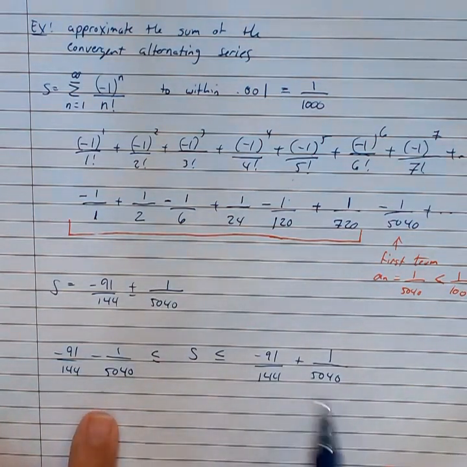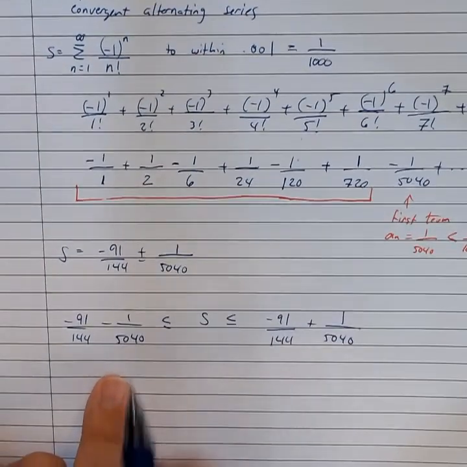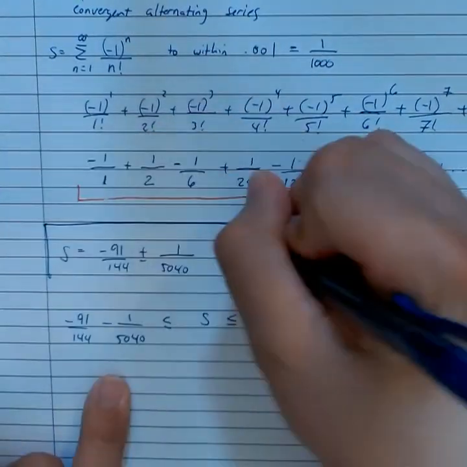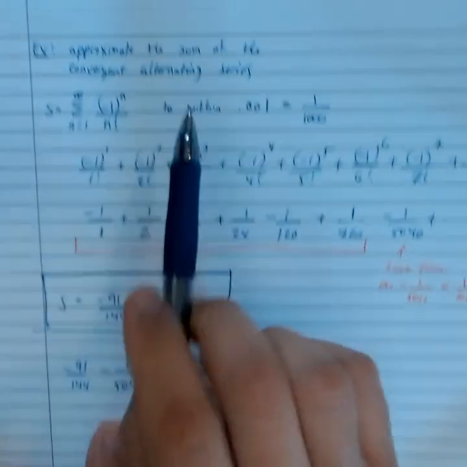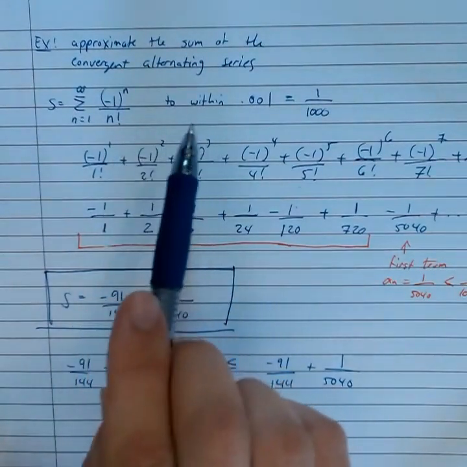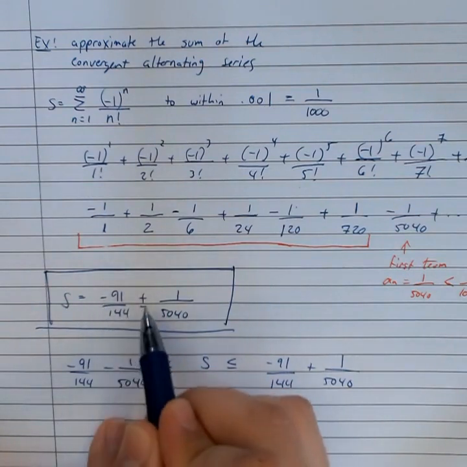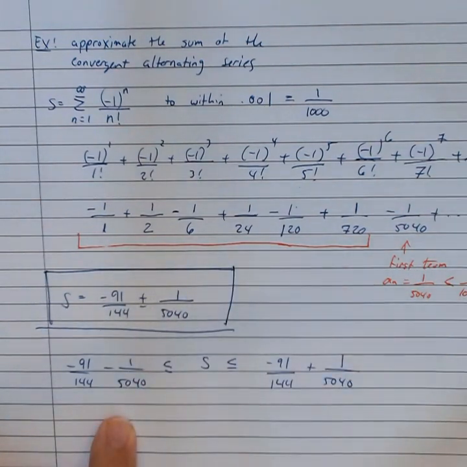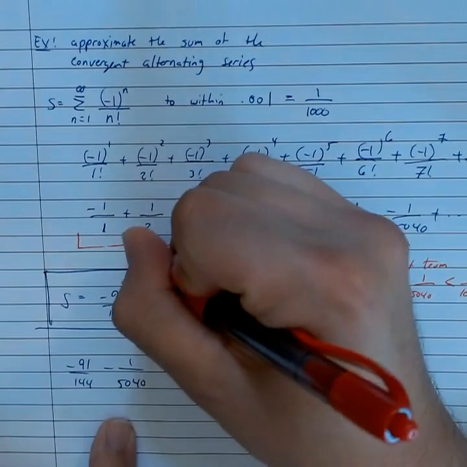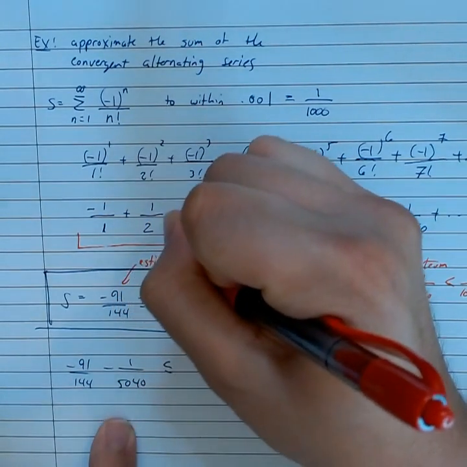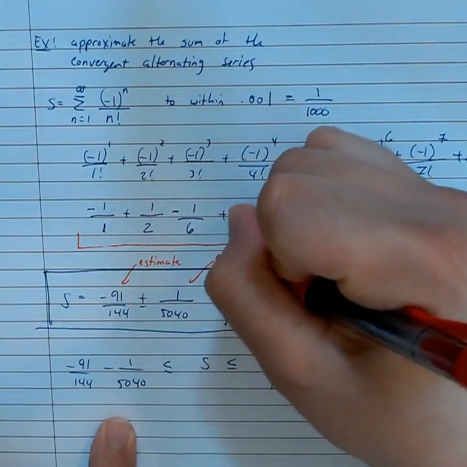This is just for your edification to show you exactly what that means. But this would be the correct estimate. Approximate the sum of the convergent series to within 0.001. Here's your estimate and your error. In fact, let me label that. That's your estimate, and that's your error.